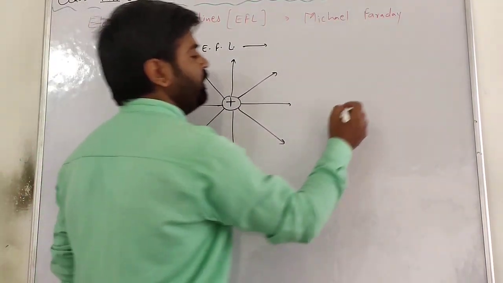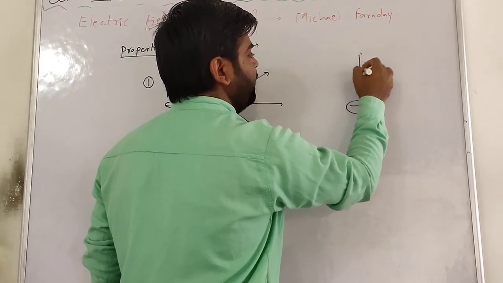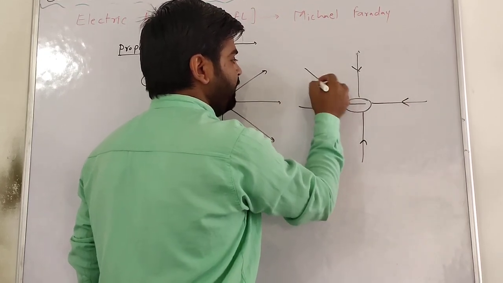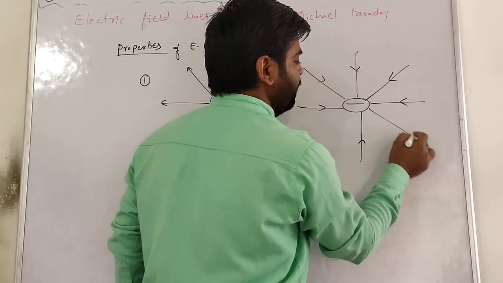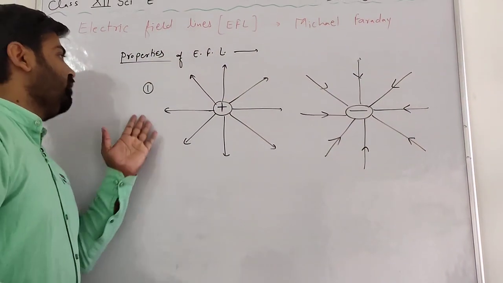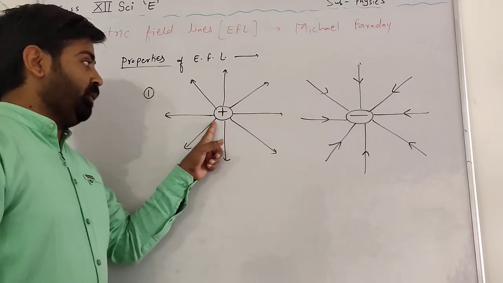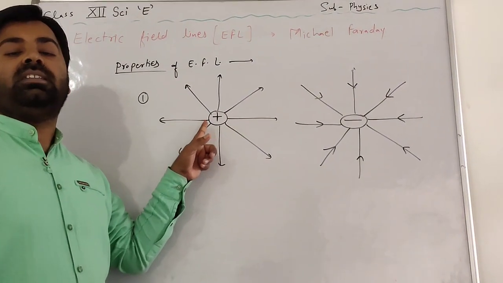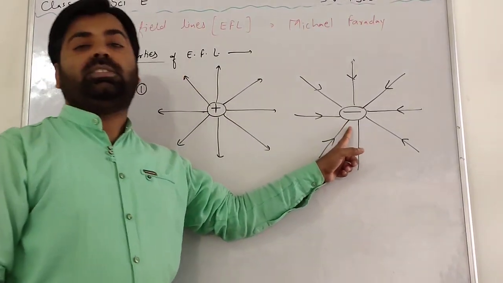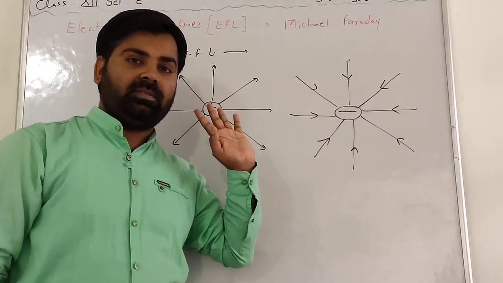And for a single negative charge, the electric field lines are in radially inward direction in this way. So the first property of electric field lines: for a single positive charge, the electric field lines are in radially outward direction, and for a single negative charge the direction of electric field lines is radially inward.